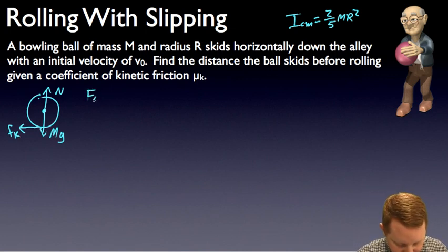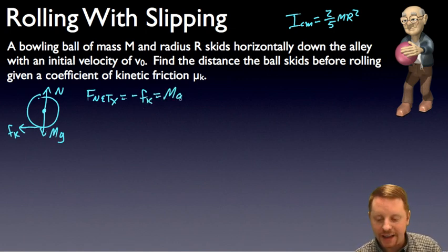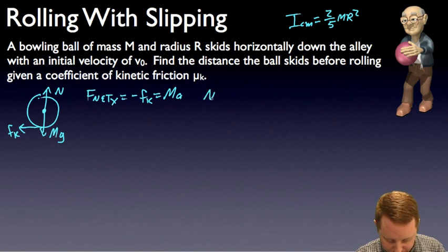The net force in the x direction is minus the force of kinetic friction, and that has to equal mass times our acceleration. Well, in the y direction, it's pretty easy to see that it's not going to accelerate, so the normal force must balance the weight. So in the y direction, we could also say that the normal force equals mg.